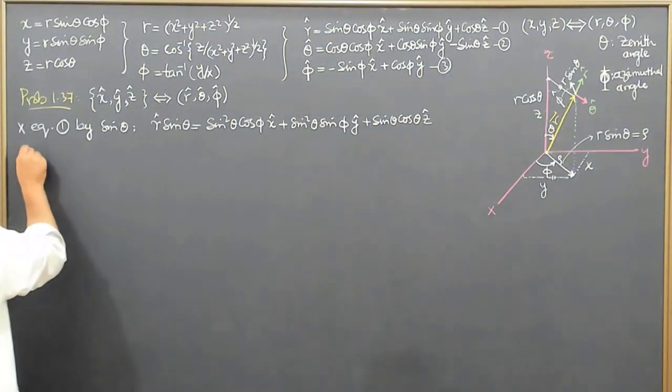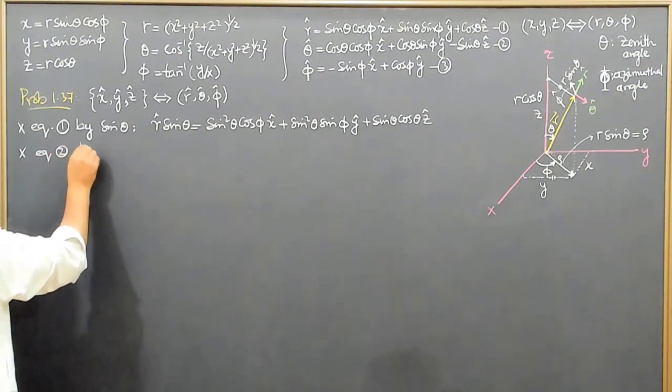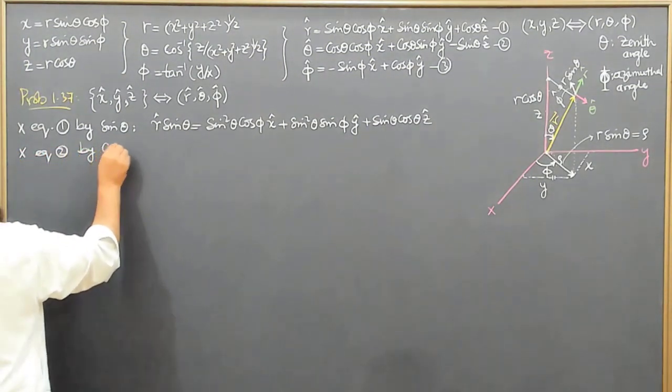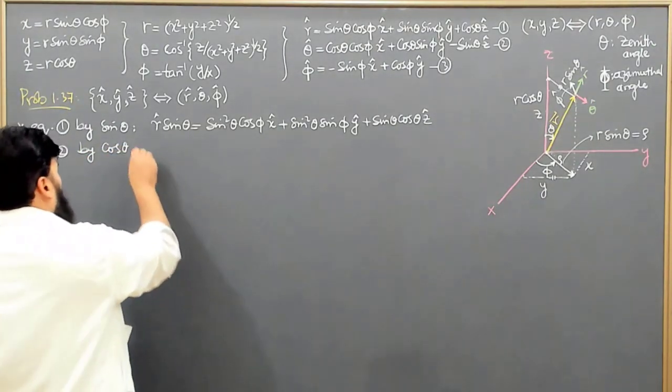And we multiply equation 2 by cos theta in order to do some cancellations.